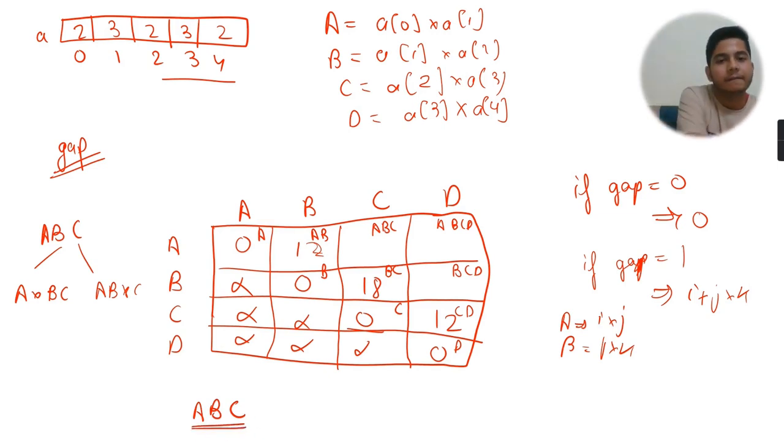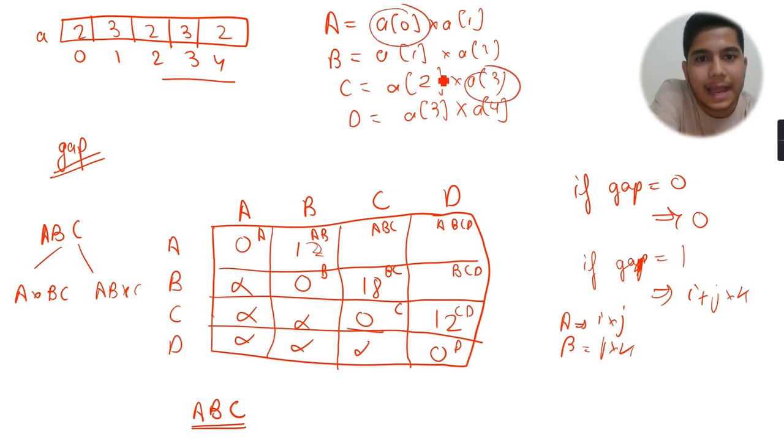what will be the final dimensions that these will be having? So if I consider this and this and this, these will be the final conditions that they will be having, right? So for this, I into J into K will be there.